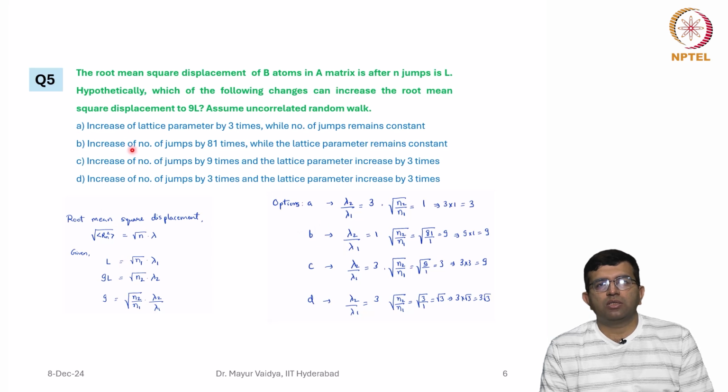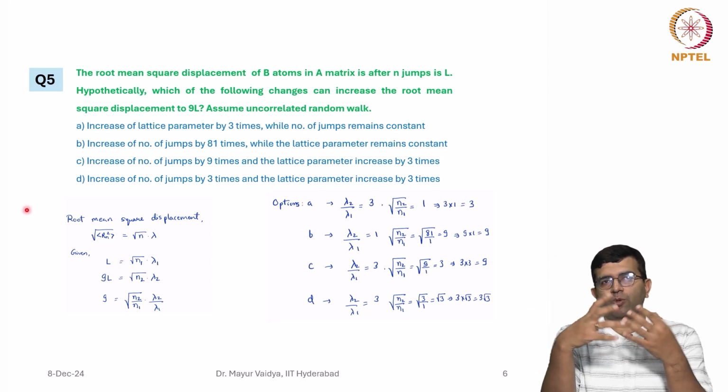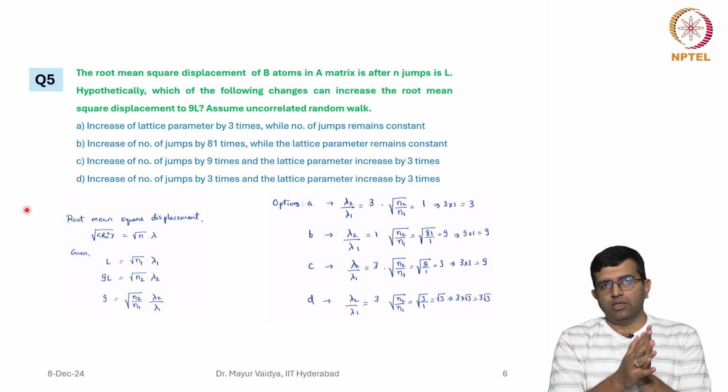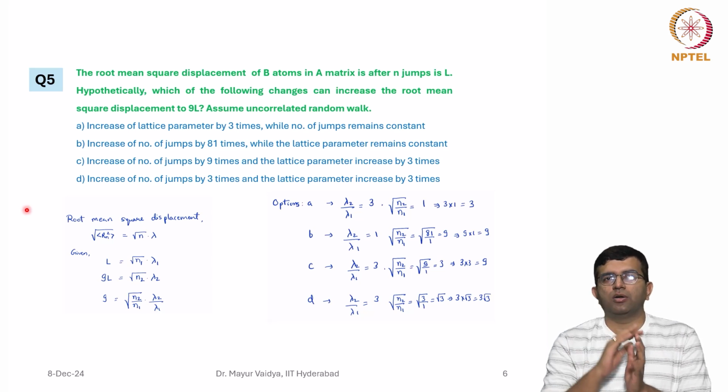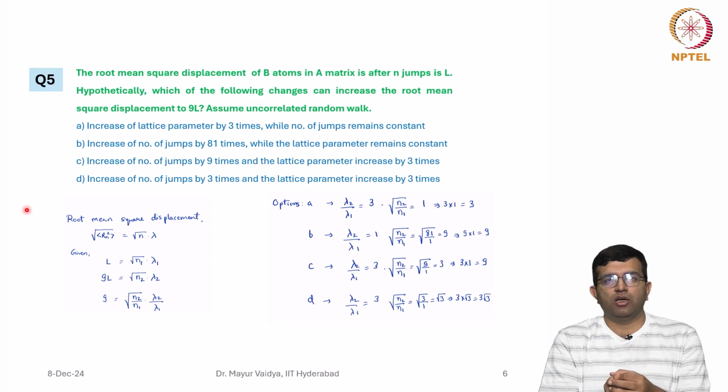Remember, you will have multiple correct answer questions in the assignment as well as later in your exam. Although it will be indicated there, here I have purposefully mixed it up so that you analyze every option carefully.